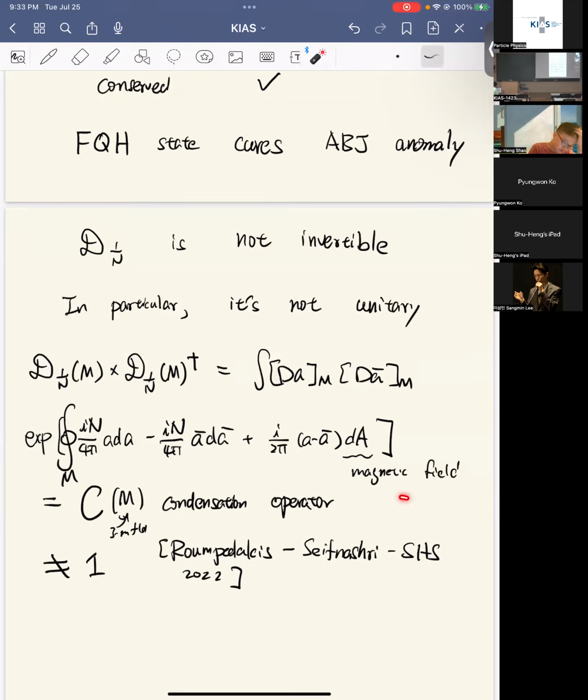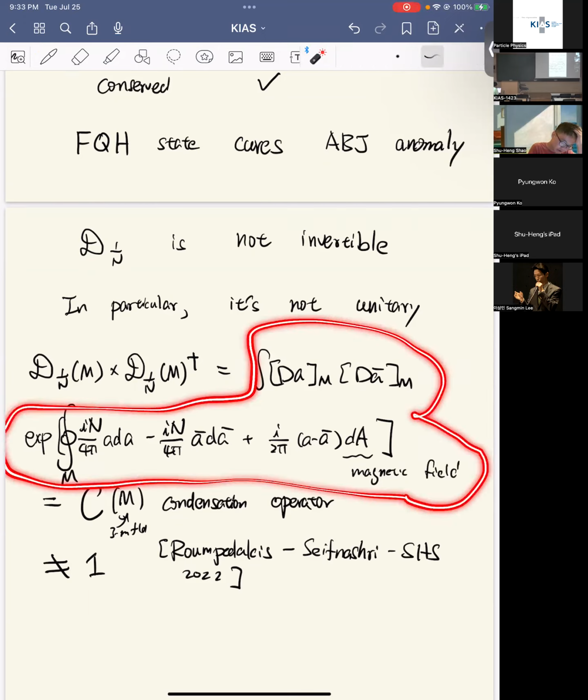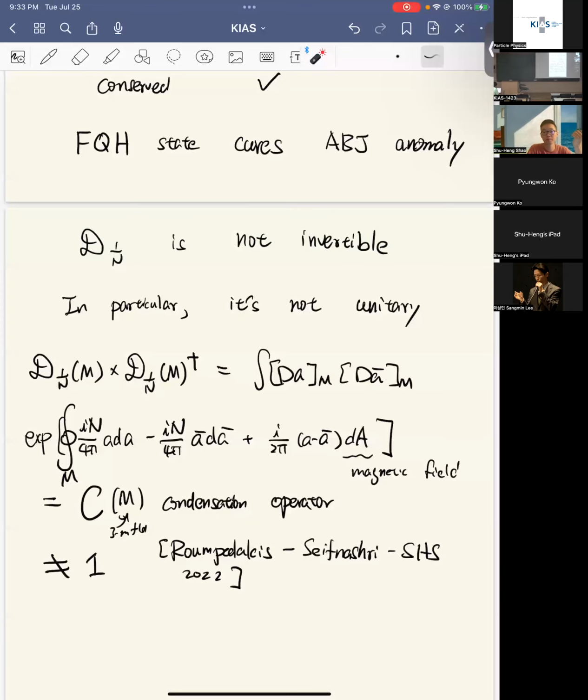So looking at it very superficially, you are basically trying to define a magnetic flux through some 3 manifold. That sounds weird. How do you define a magnetic flux in the real world? You choose a 2-sphere, and you measure the magnetic flux coming out of the 2-sphere. You don't choose a 3 manifold. Magnetic flux is conventionally defined on a 2 manifold. So this object is trying its very best to be a magnetic flux operator through a 3 manifold. And that's basically the essence of a condensation operator.